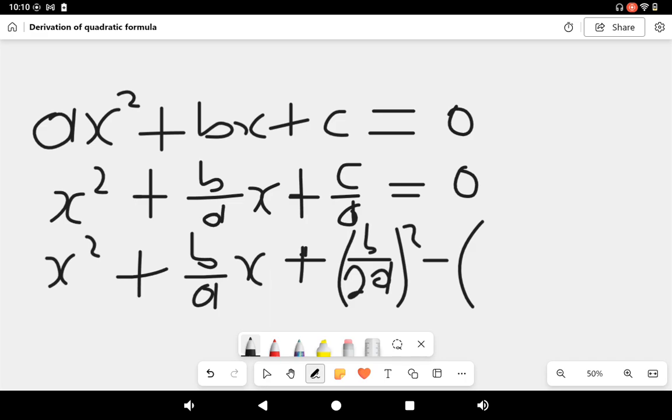Some people would prefer to add on the left hand side and right hand side, which is still the same thing.